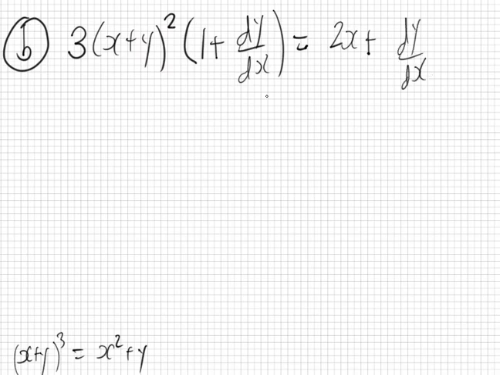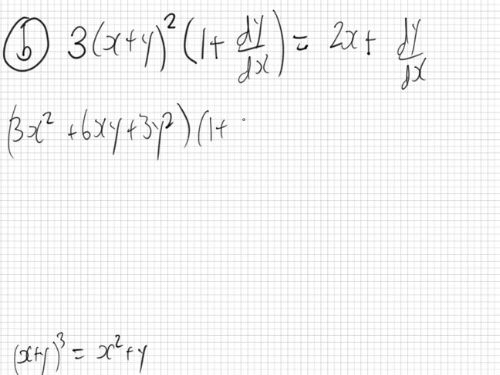Okay. So here I get 3x squared plus 6xy plus 3y squared times (1 plus y derivative) equals 2x plus y derivative.